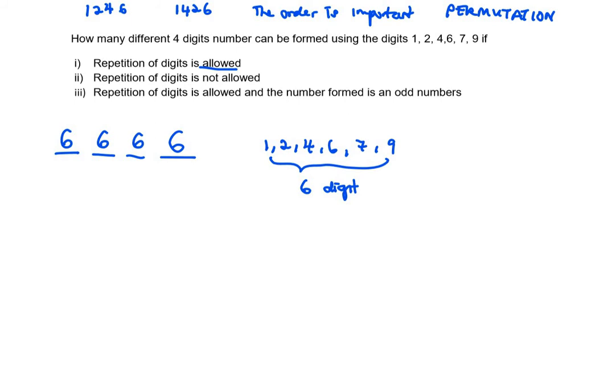So this is where we have 6 power 4. If you refer to the formulation that we have before, for the permutation with repetition, the formula will be n power r. For this case, our n is 6 and our r is 4.